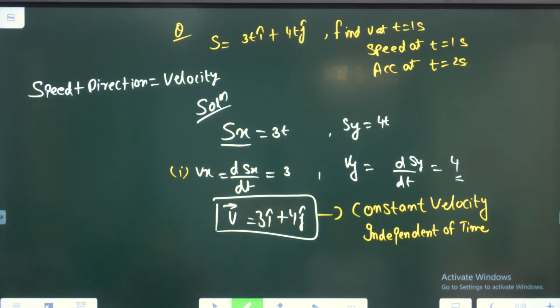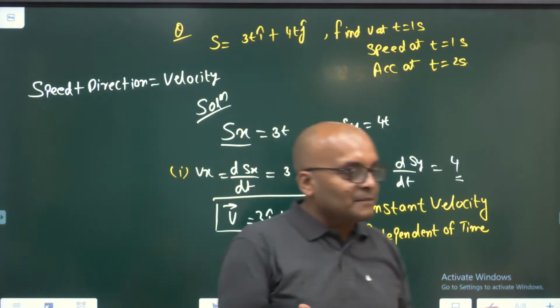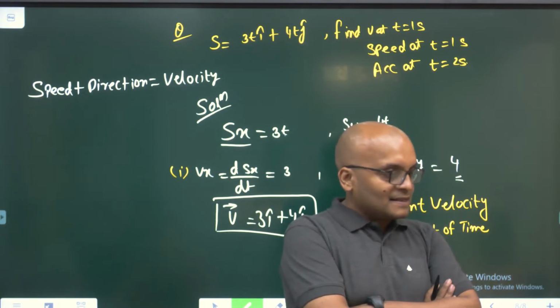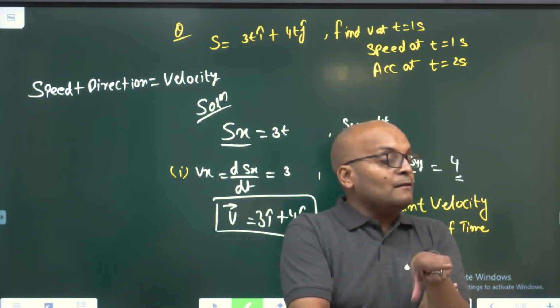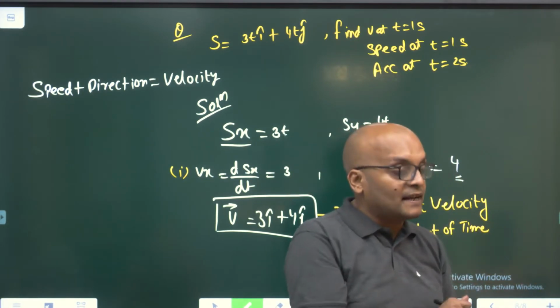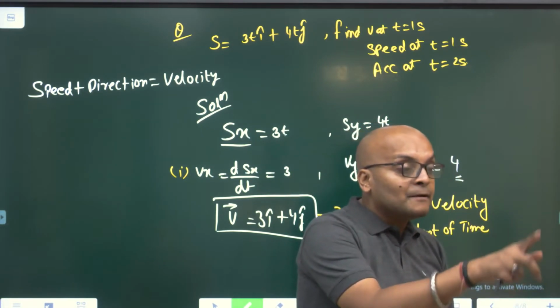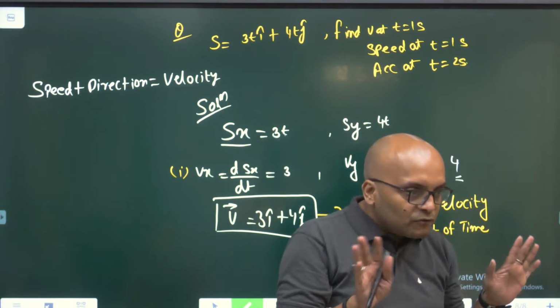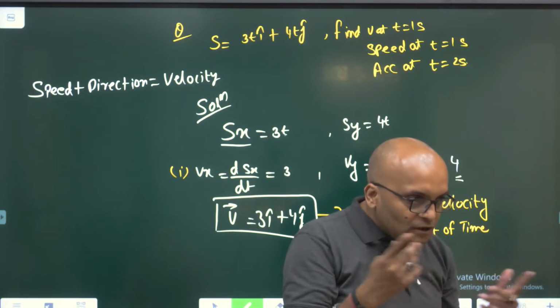If you add direction to speed, you will get velocity. For example, you are moving at the rate of 5 kilometers per hour. You will say this is my speed. But if you tell me that you are going toward north, east, west, just give me the direction along with this speed, it will turn into velocity, yes or no? Velocity is a vector quantity. Vector has got direction.